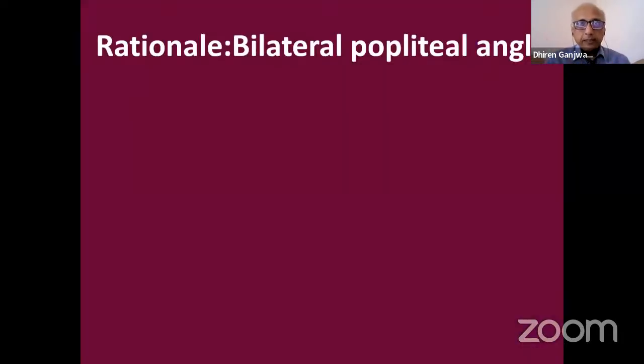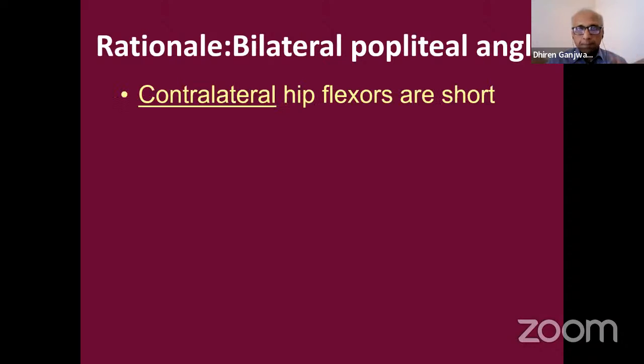So let us understand the rationale of bilateral popliteal angle. What he showed was very true, but the important thing is why there is a second test which is called the bilateral popliteal angle test. So to understand that, let's understand that when the contralateral hip flexors are short, contralateral means the side which is away from or other than the one which we are examining, and the hip flexors are short.